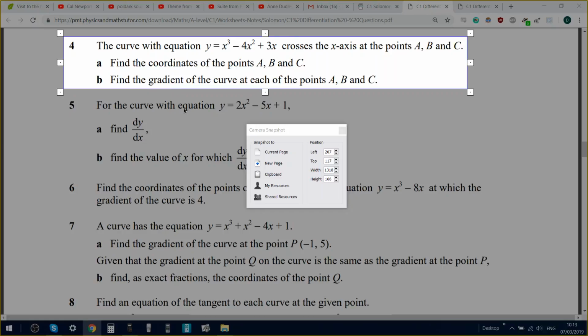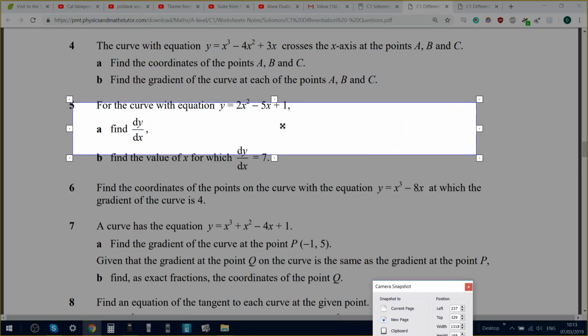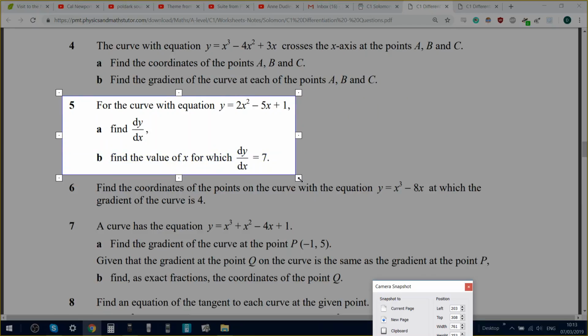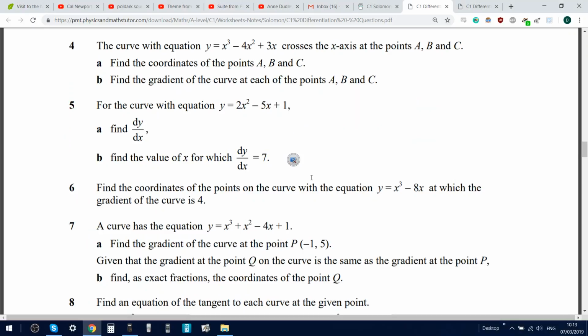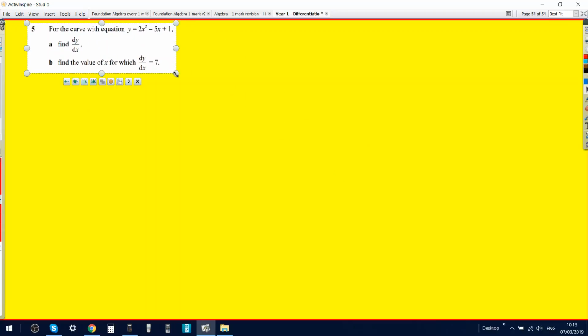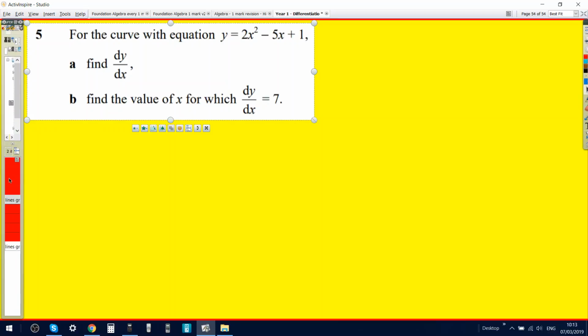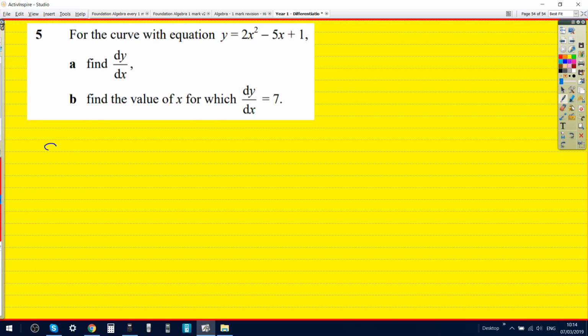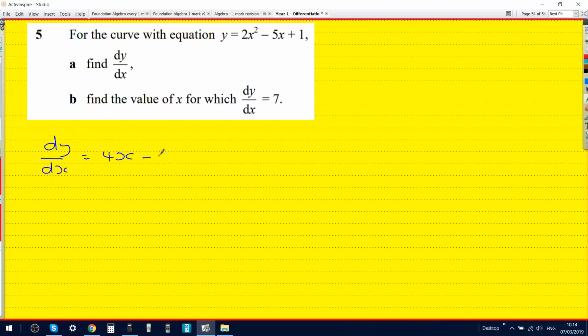Let's try this one. 4x minus 5 divided by x equals 7, so 7 equals 4x minus 5.